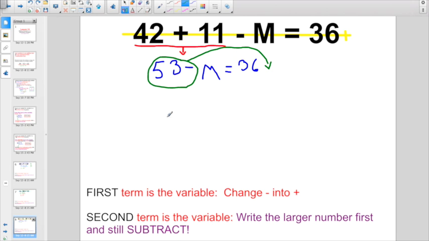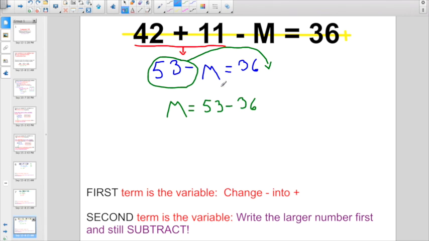Everything that's not circled: m is not circled, equal is not circled, but again, the second term is the variable, so we want to write the larger number first and still subtract. What's larger, 53 or 36? 53 is larger, so let's write down 53 first, still subtract, and then 36.